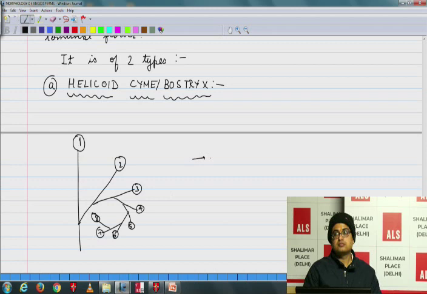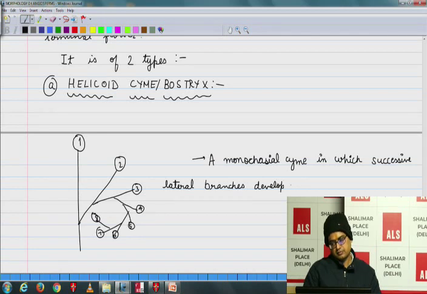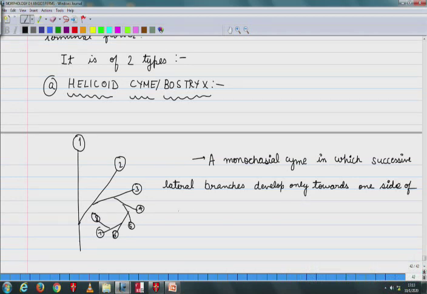Here you can write a monochasial cyme in which successive lateral branches develop only towards one side of the main axis.